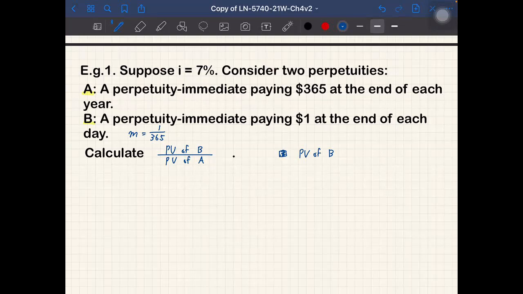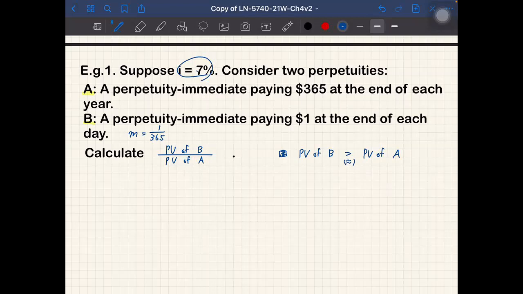So perpetuity B is worth more than perpetuity A. It's almost the same, but slightly larger. So the answer should be 1.1 or something like that. Oh, actually, the interest rate is 7%, so probably the difference isn't as large as that.